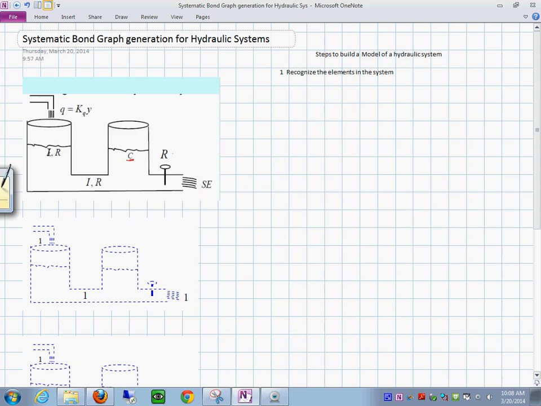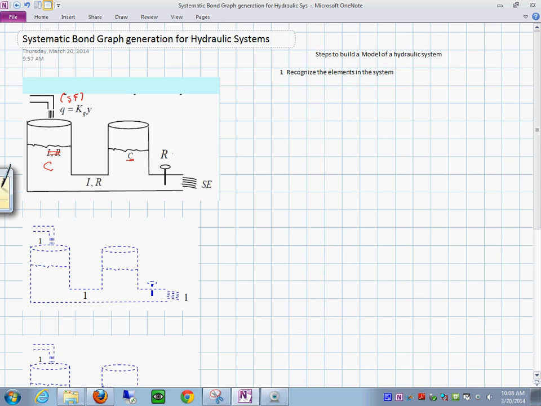This is another C. So that's the first thing we gotta do. This is of course the source of flow. So what happened is the first is to recognize the elements in the system.